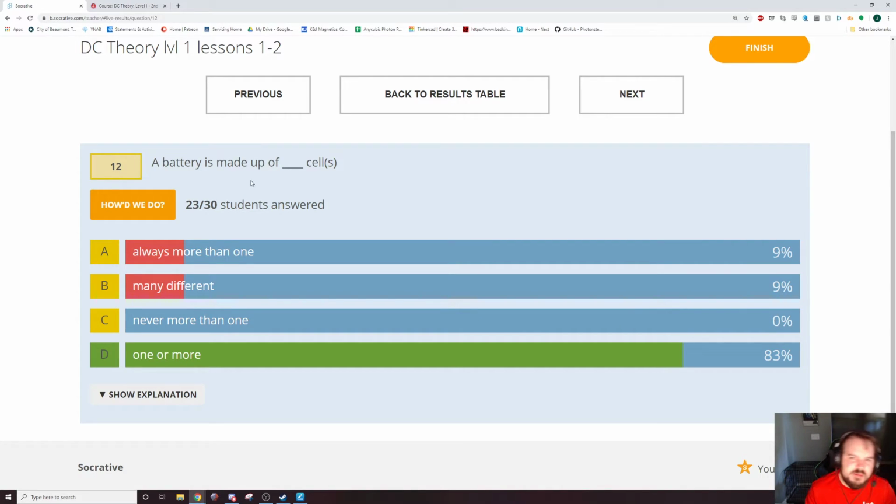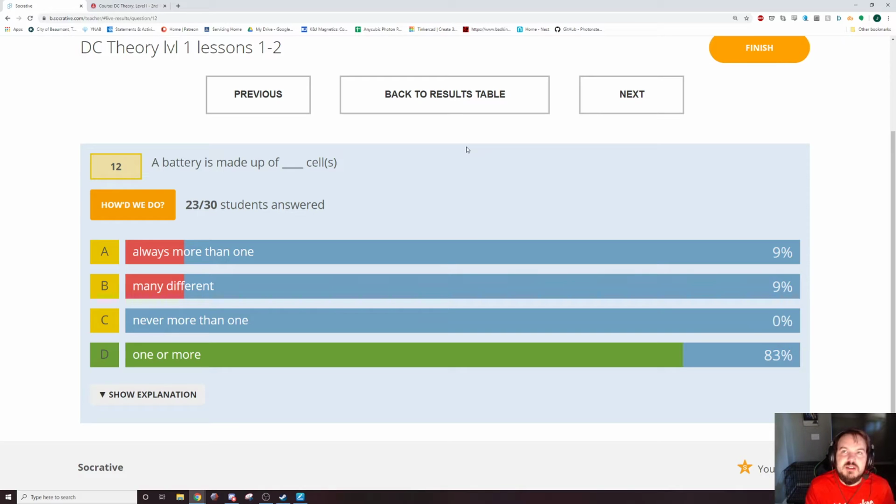A battery is made up of one or more cells. So this is talking about the construction of the battery. I believe we have just entered into lesson 2 at this point. So a battery is made up of blank cells. So it's one or more. It's got to have at least one cell, and it can be made up of more cells.